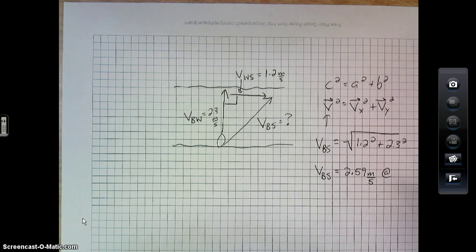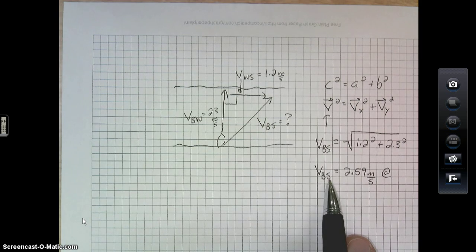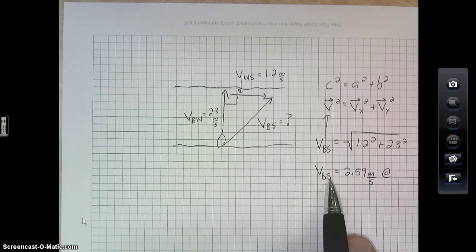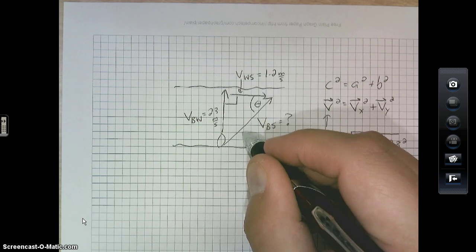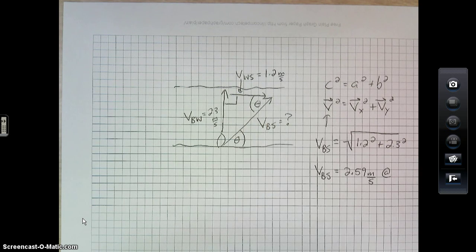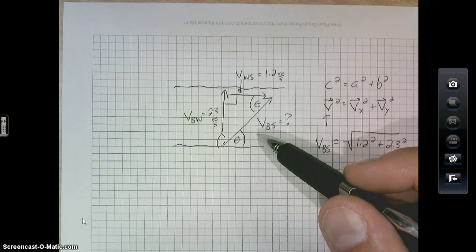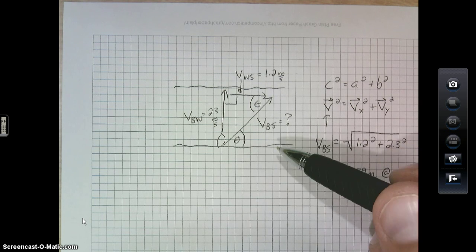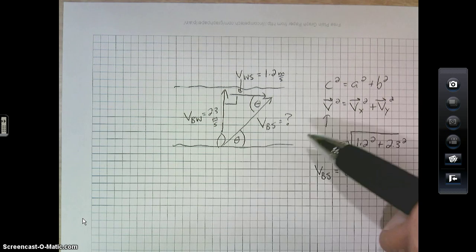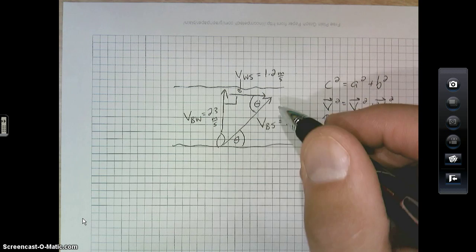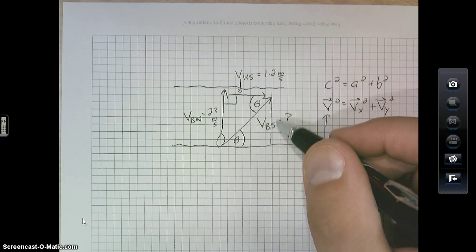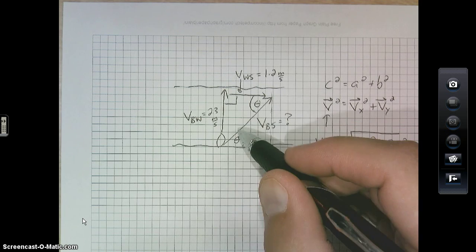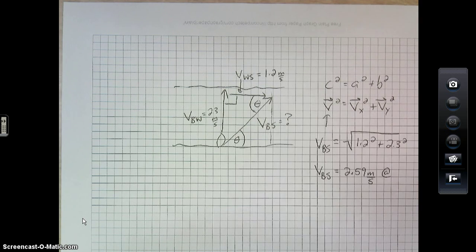Since the question asks for the velocity of the boat relative to the shore, it would make the most sense to give this angle or this angle, and those are complementary, right? Or what is that? That's not right. I can't think of the name of it. Somebody can tell me later. But as long as we have a box, then this angle and that angle are the same, and this angle and that angle are the same.